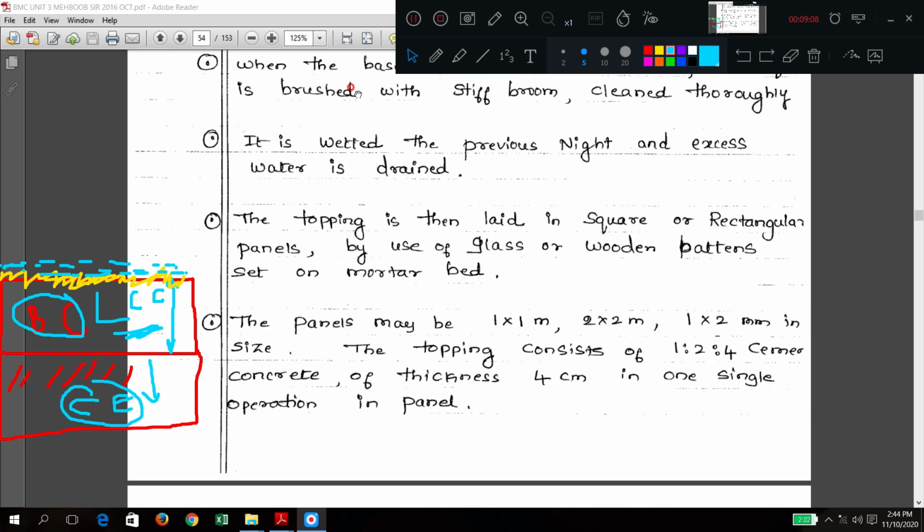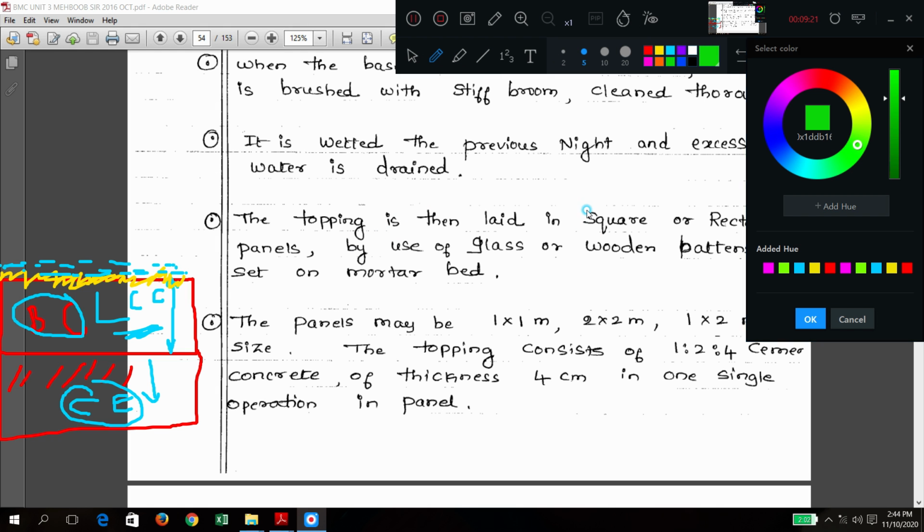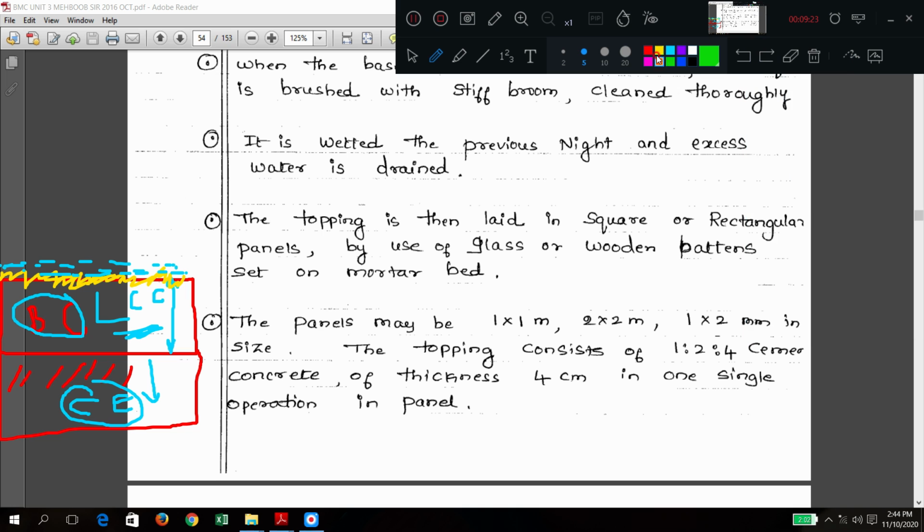After that, you are going to go for topping. So what they have written here, the topping is then laid in square or rectangle panels. After removing this water, you get the topping, the top cover or wearing course.